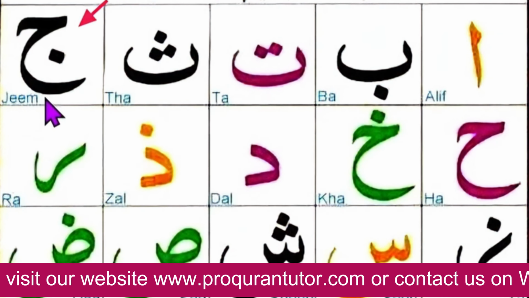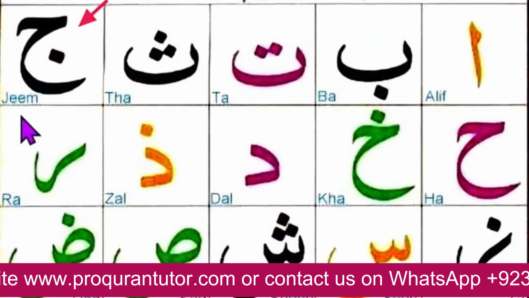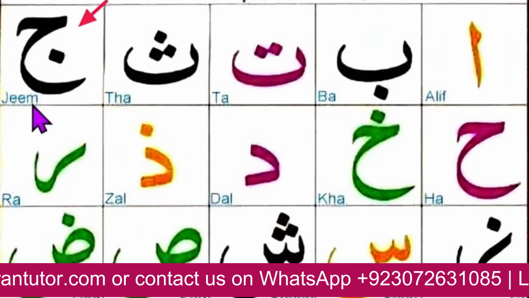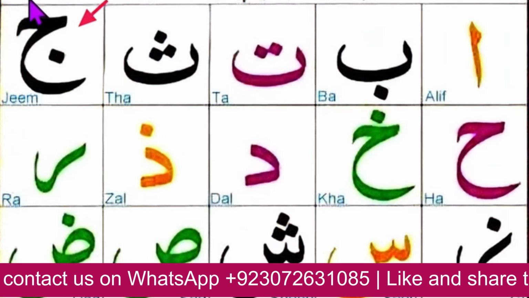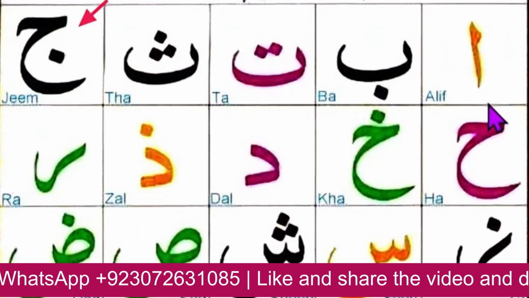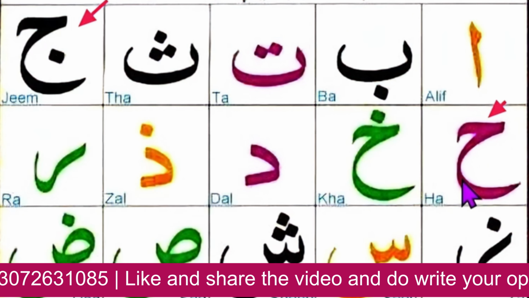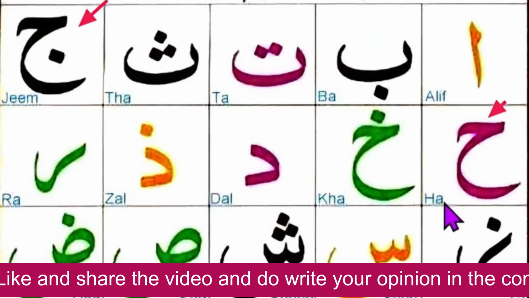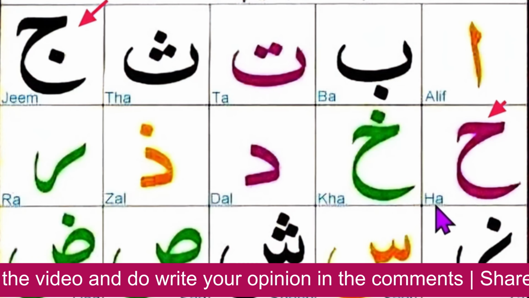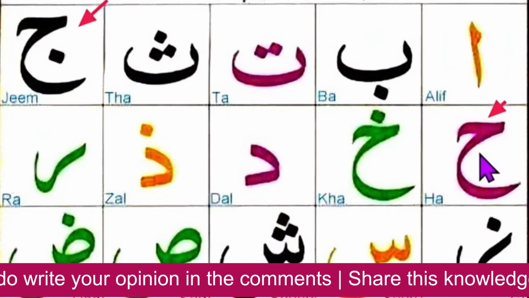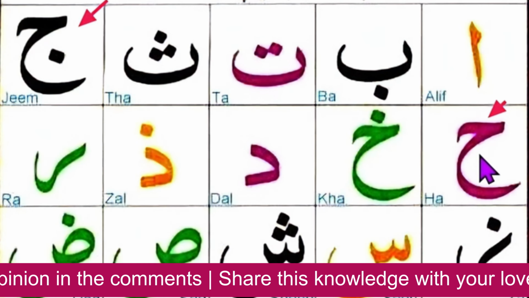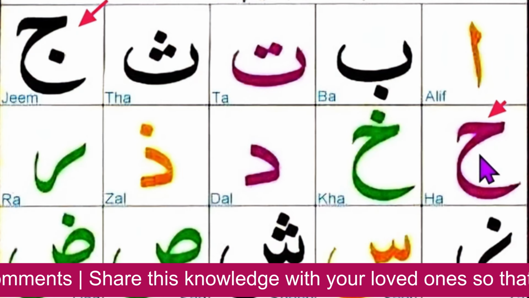Here we have Jim, a simple letter, Jim. Okay, and then we have Ha. So how to pronounce it clearly with the Tajweed rules?